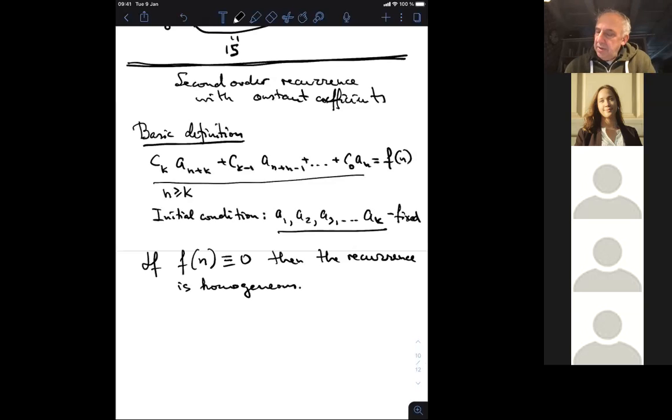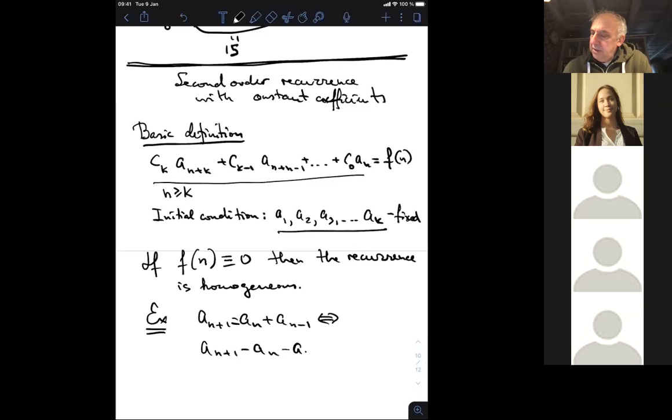And the typical example of that was this Fibonacci recurrence a_{n+1} = a_n + a_{n-1}, or in other words, a_{n+1} - a_n - a_{n-1} equals 0. It is homogeneous because the right-hand side is 0 for all n.